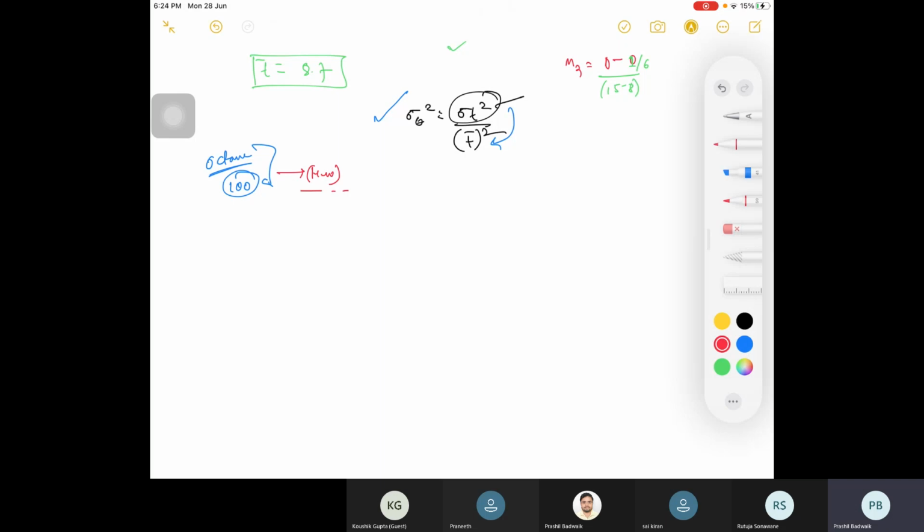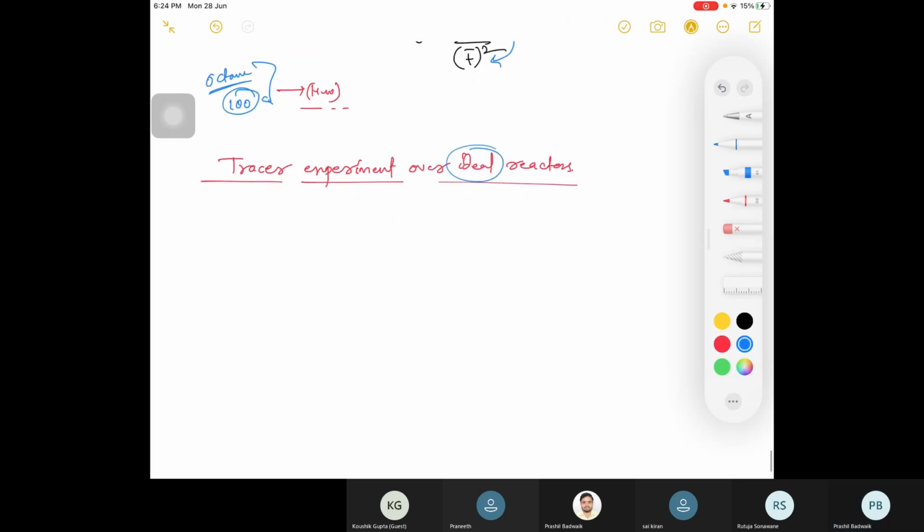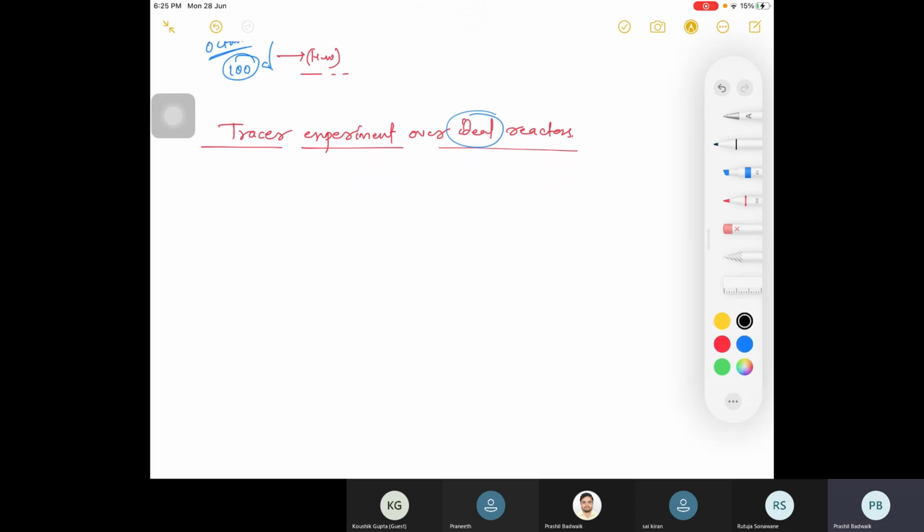your tracer experiment over ideal reactors. You write: tracer experiment over ideal reactors. I'm writing ideal here, it is not non-ideal. So first you will have the ideal CSTR.